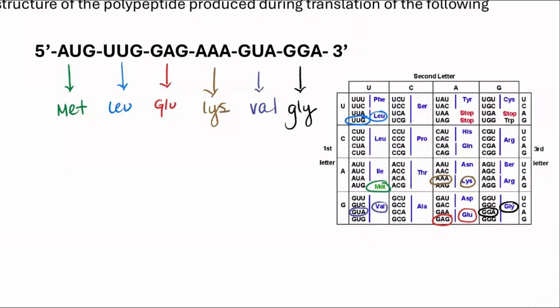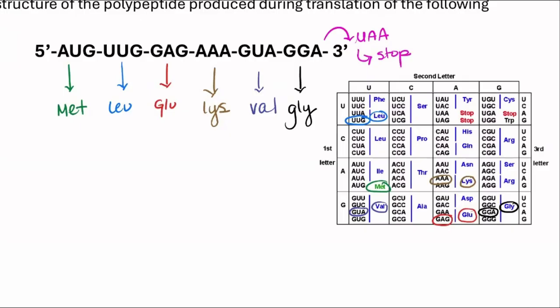These are the amino acids that are present in this segment. Now, I want to point out that if in this segment we additionally had a stop codon, let's say that after that GGA we had a UAA, in your answer, you should not write stop codon.